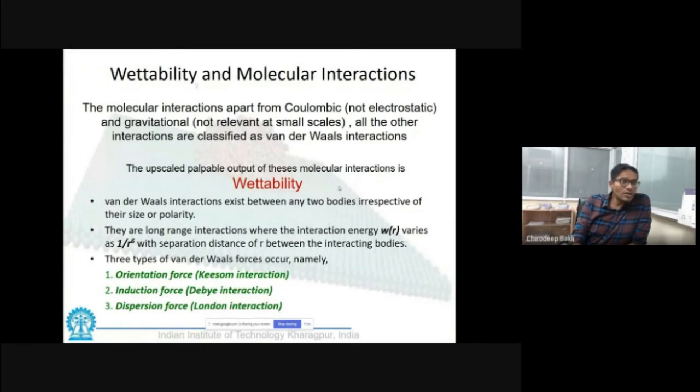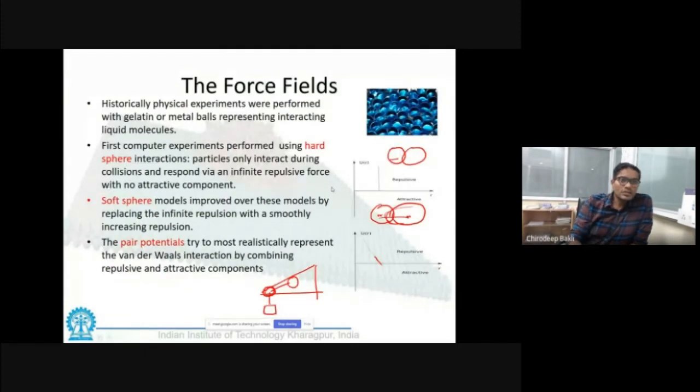So basically, if I go back, you can see it is r to the power some exponent, right? And what is the value of that exponent? That we do not know. That has to come from either experiments or simulations. But we know that it is not going to infinity the moment the particles overlap.